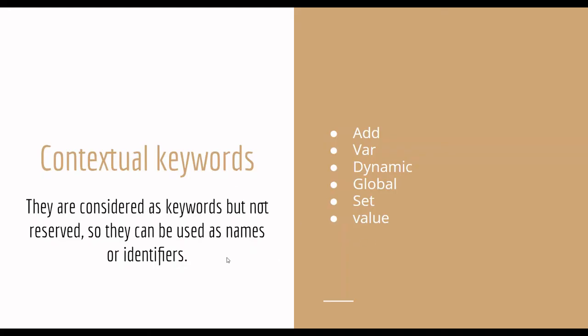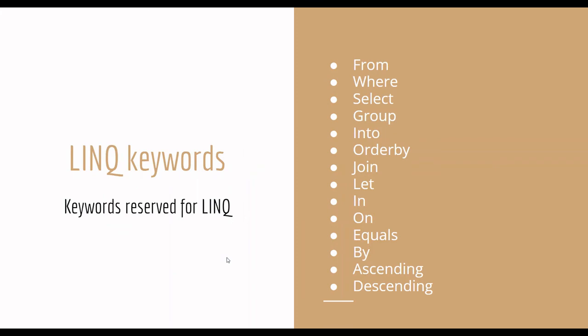The next one would be the LINQ keywords. LINQ is basically used in C# to filter a data set. For example, if you're loading data from your database, and you have numerous fields and so much data, but you want to filter them, or you just want some particular values out of that data table, then you can use LINQ. We're also going to see in the upcoming videos how you write LINQ, and at that time you use the LINQ keywords.